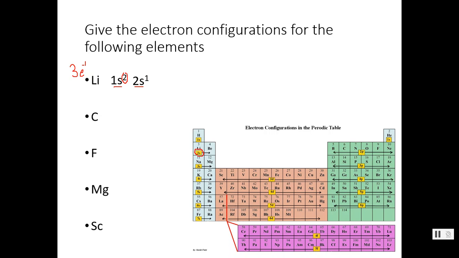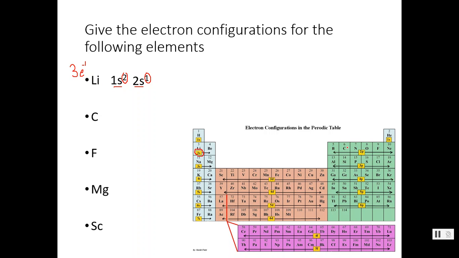When I add up the superscripts in my electron configuration, I get 3, which is how many electrons I needed to place for that element. So I can feel comfortable that my answer is correct. So lithium has an electron configuration of 1s2, 2s1.